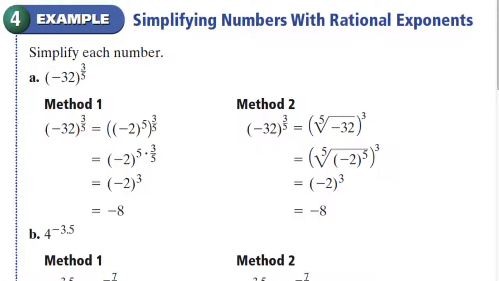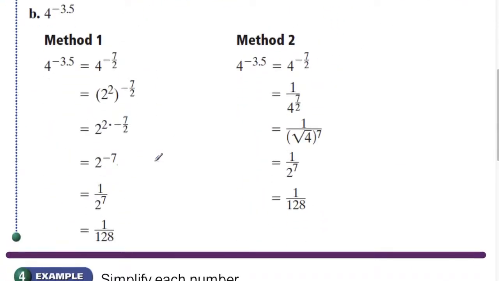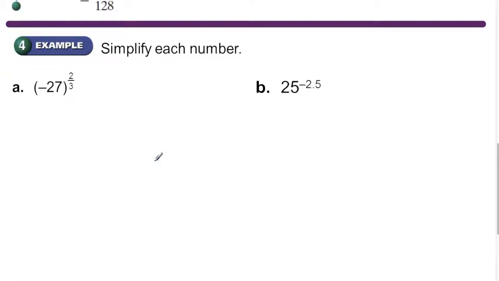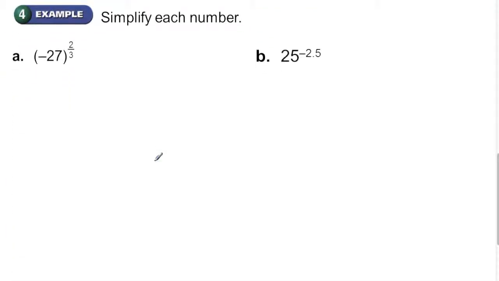Okay, example 4. Let's just go ahead and jump into this. I don't think it needs an introduction. Okay, so A, negative 27 raised to the 2/3. We can do this one of two ways.